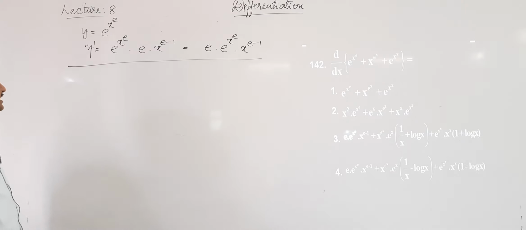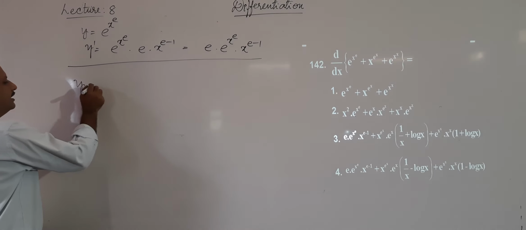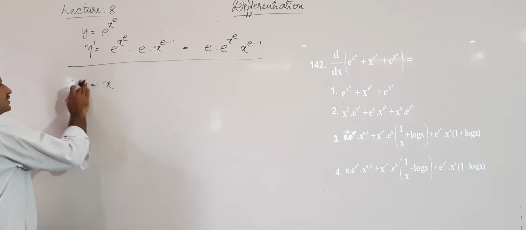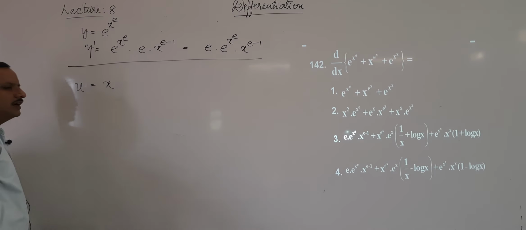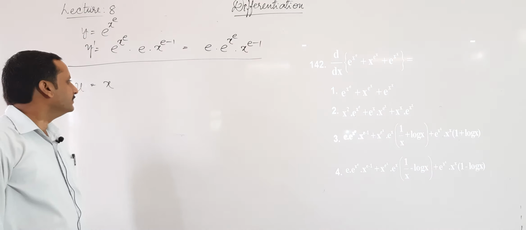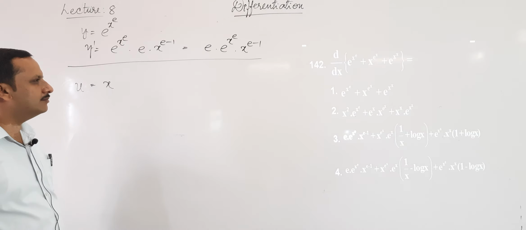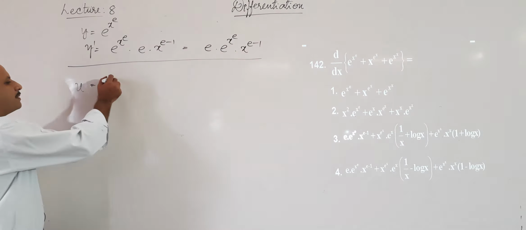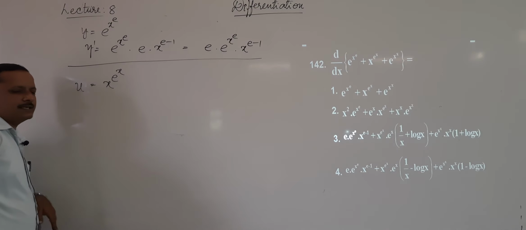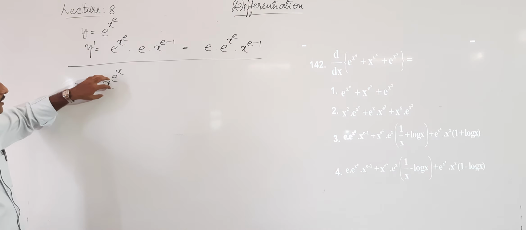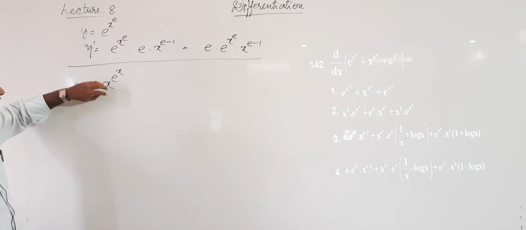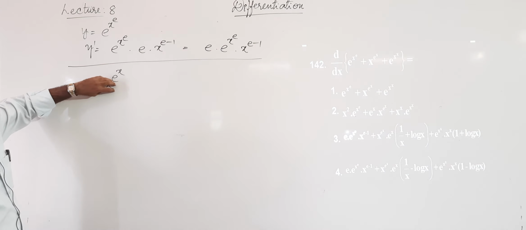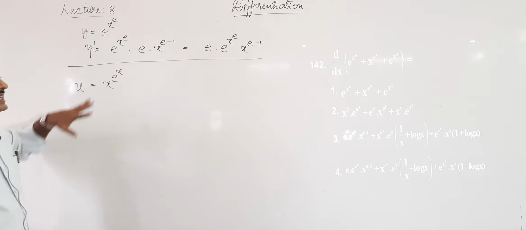Now I will take the second term, I will call it as y again, or if you want I will take it as u. Okay, u, I will take y, u and v, or u, v, w, whatever you want you take, but don't take x, already there is an x. So u is equal to x power e power x I will take. Okay, x power e power x, this is one function, I will treat x as one function and e power x as another function.